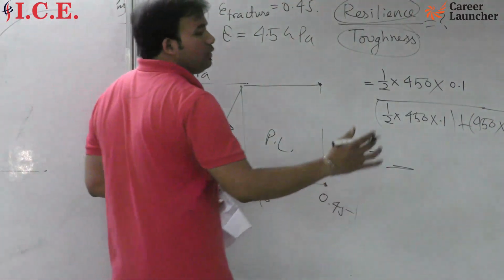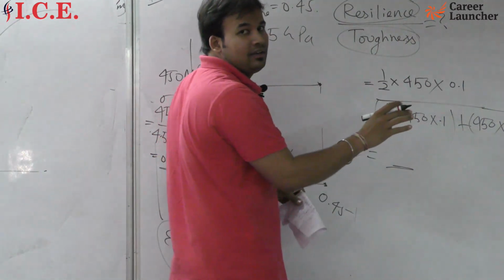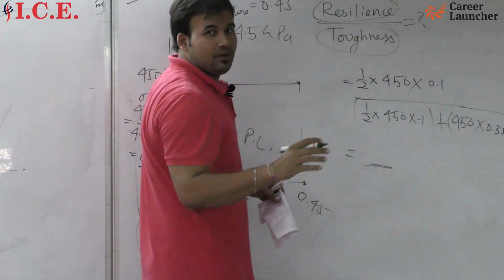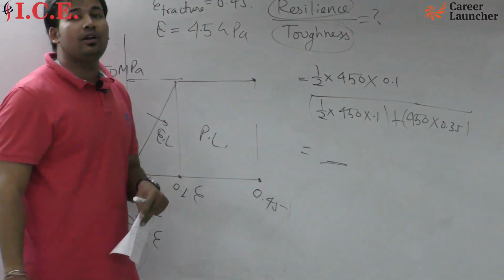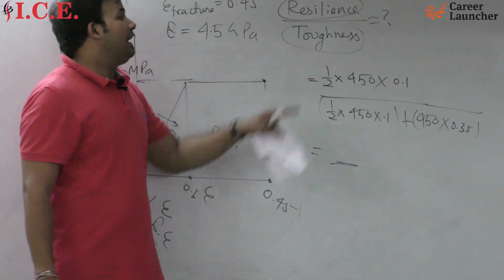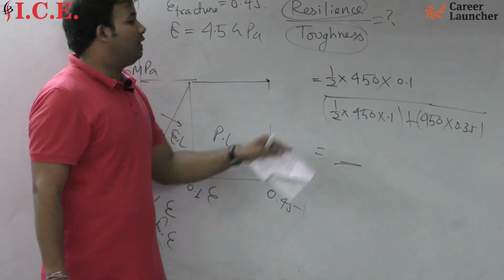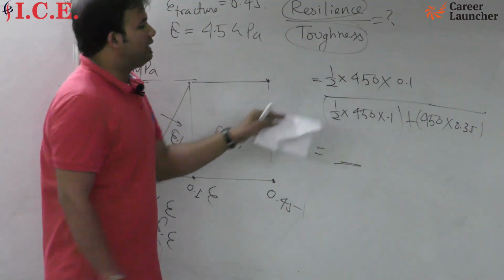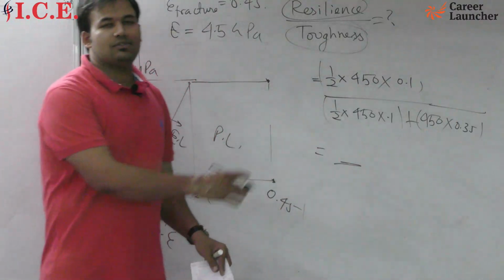Don't worry, because if you consider the stress versus strain diagram, that will be toughness per unit volume and resilience per unit volume, and the volume gets cancelled, so there won't be any problem. If you solve this, you will get the answer to this question.